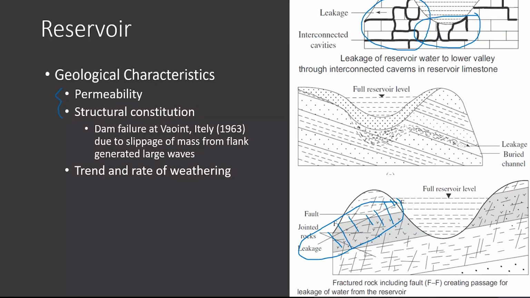Okay, so the final or last point is the trend and the amount of weathering. What does this mean? For example, if I take this as the rock, this is the surface of the rock. Now this is a hard rock, and it is exposed to the sun and weather conditions for thousands of years. For example, take our Narmada river, where the Sardar Sarovar Dam is constructed.